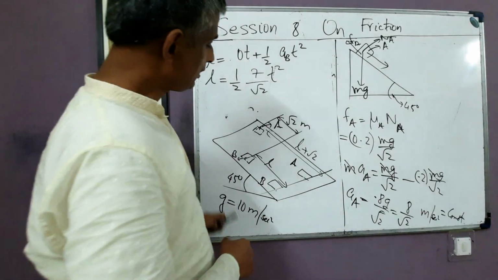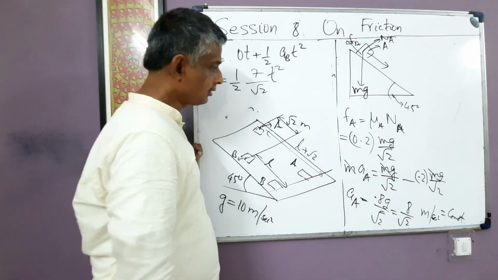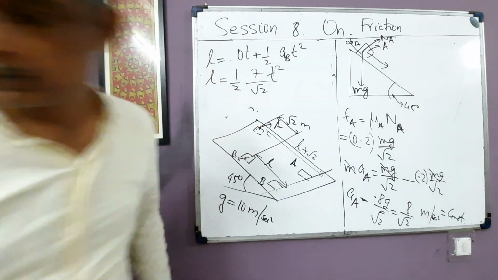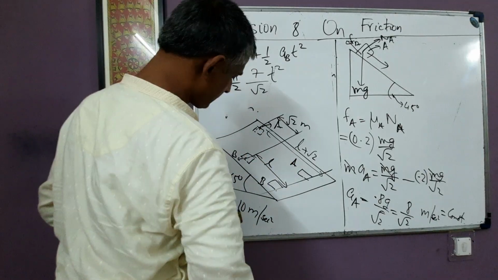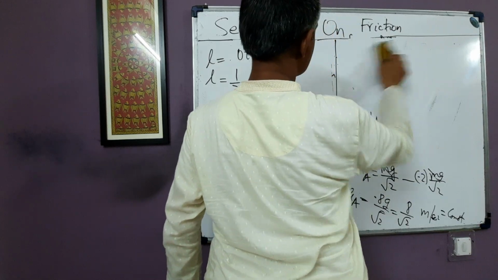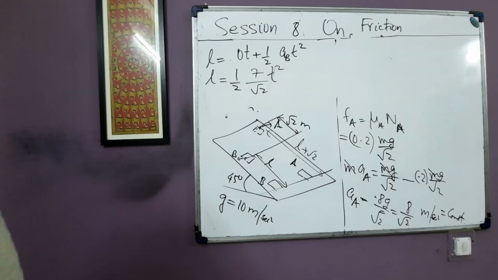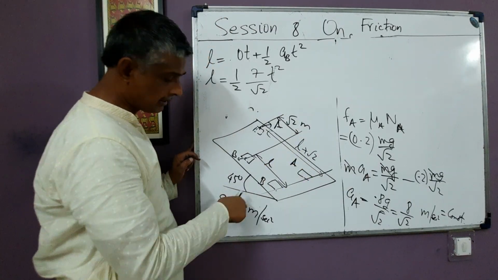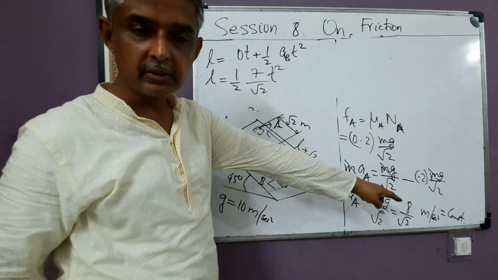Now in the same time t, block A undergoes a displacement of L plus root 2. As I applied this formula for block B, I apply the similar formula for block A also. Block A covers a distance of L plus root 2 in time t, starting from 0 initial speed and constant acceleration of 8 by root 2 meter per second square downward.